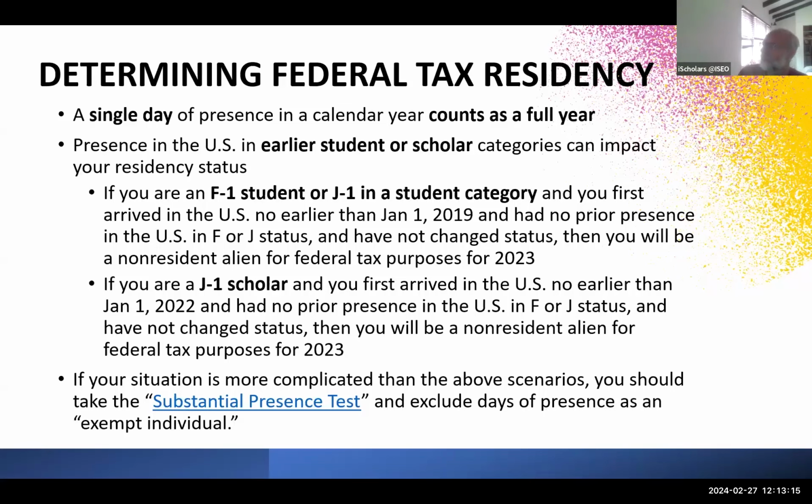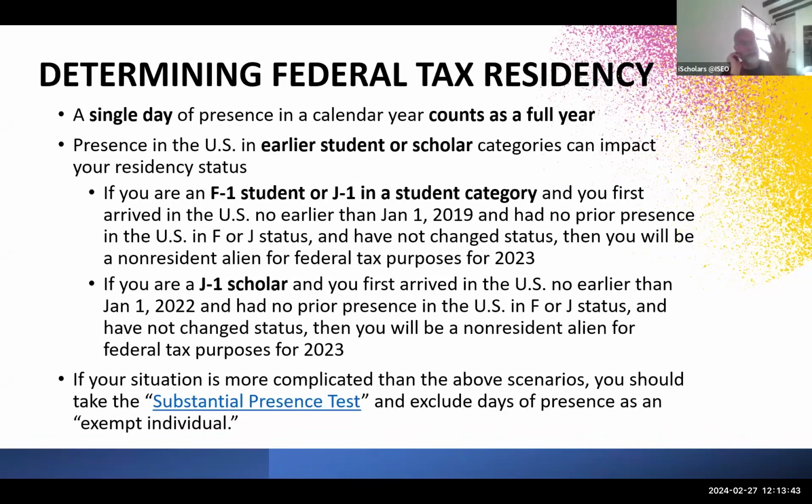So here we have a couple examples. If you're an F1 student or J1 student and you first arrived in the US no earlier than January 1st, 2019, and had no prior presence in the US in F or J status, and have not changed status since your arrival, then you would be a non-resident alien for federal tax purposes for 2023.